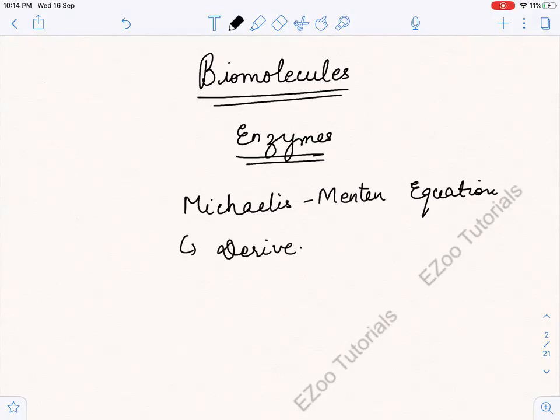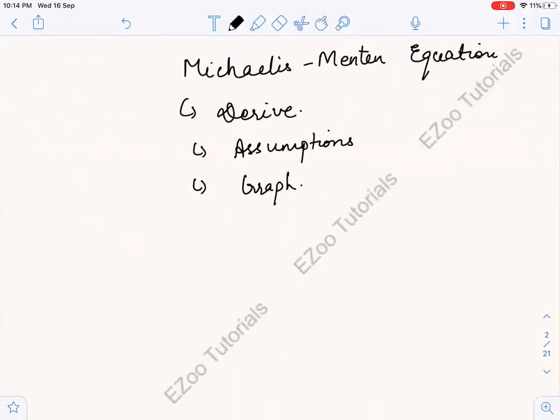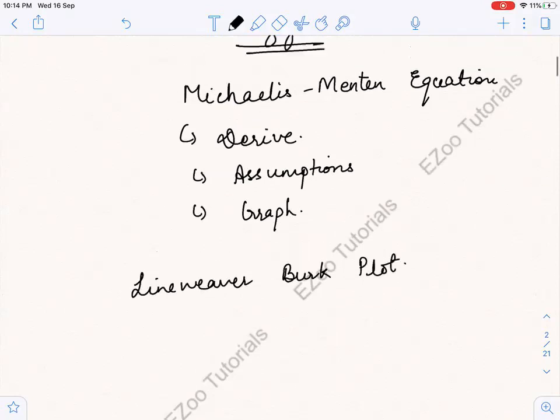So we will derive it and we will see the various assumptions of this equation, and we will try to plot it on a graph. And we'll also do the Lineweaver-Burk plot, right?